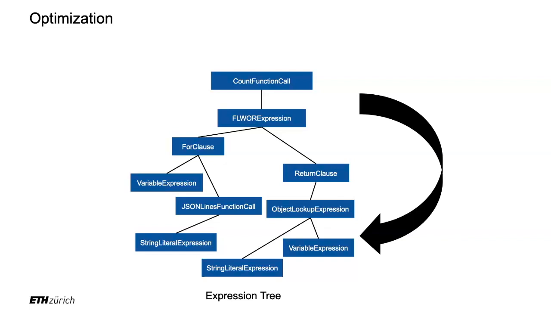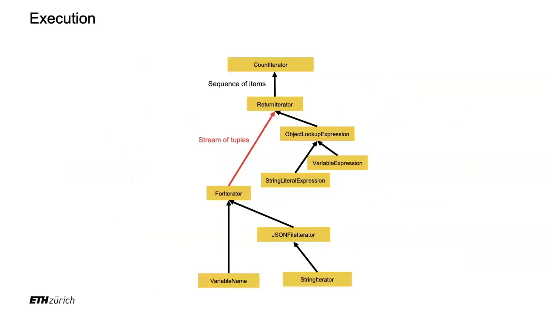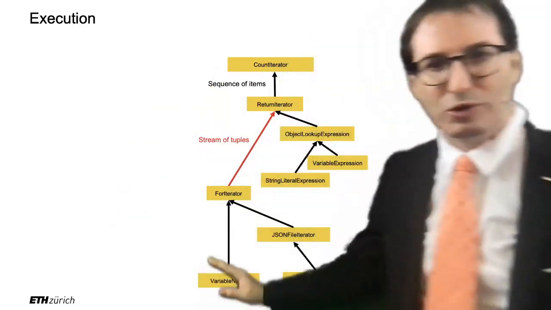That's called the optimization. Then we generate an iterator tree. An iterator tree is kind of the compiled code that you output from the query, and that is executable. And the iterator tree is what we are going to use when we evaluate the query. And the way an iterator tree works is that this is the machinery of your query.